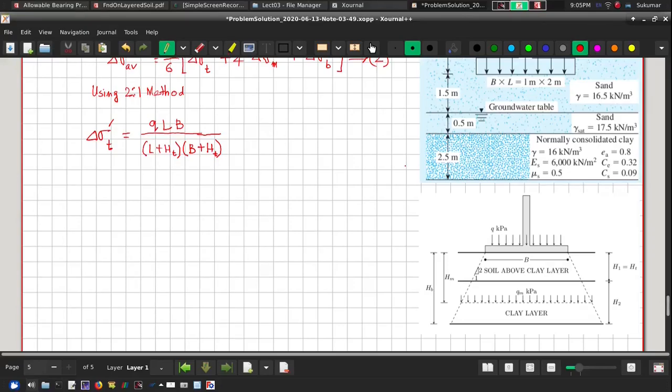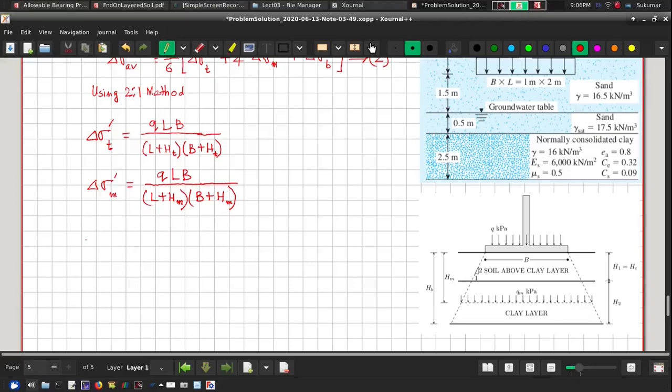Okay, similarly I will have delta sigma dash at middle portion, where HT will be replaced by HM obviously, so it will be Q times L into B divided by L plus HM into B plus HM, because this is the area of the stressed portion of the soil at middle depth.